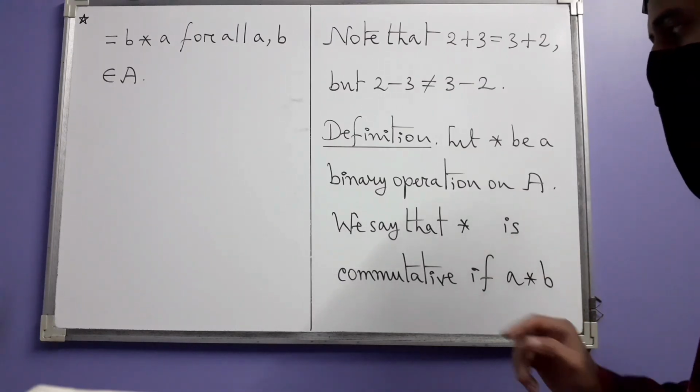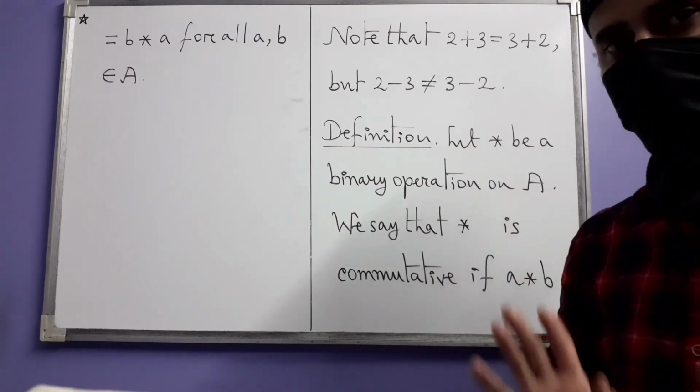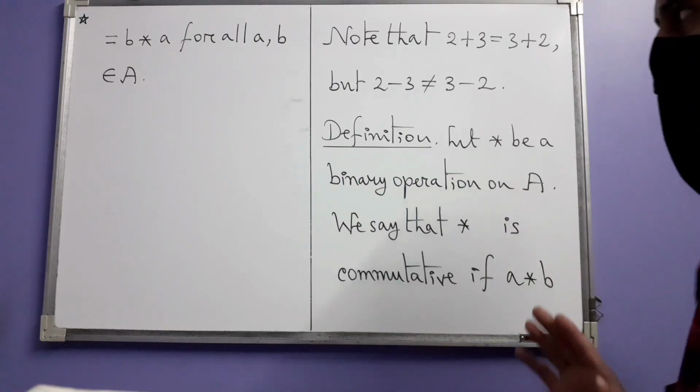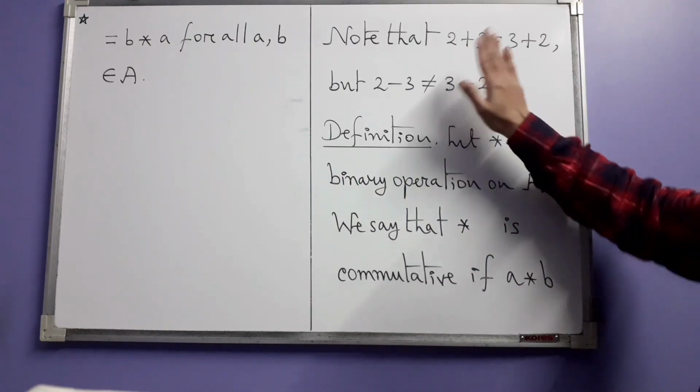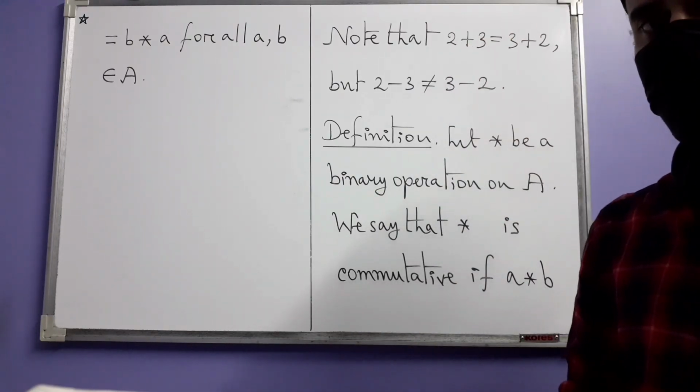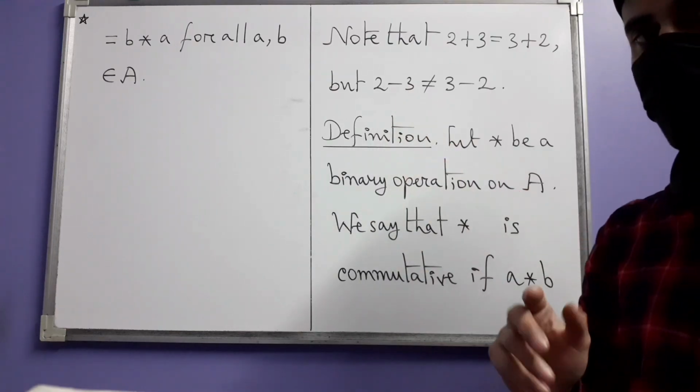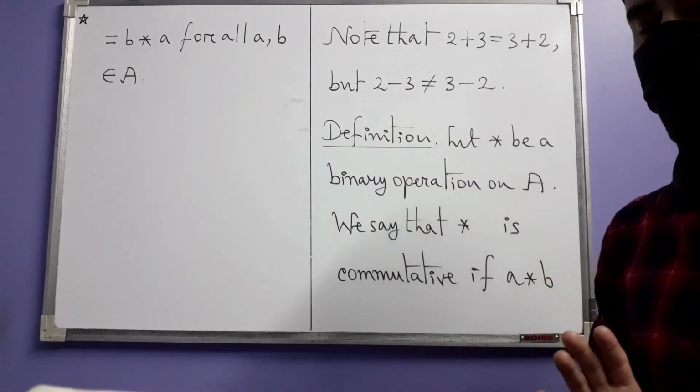If that happens, then we say that star is a commutative binary operation. This means that addition of real numbers is commutative, but subtraction of real numbers is not commutative.